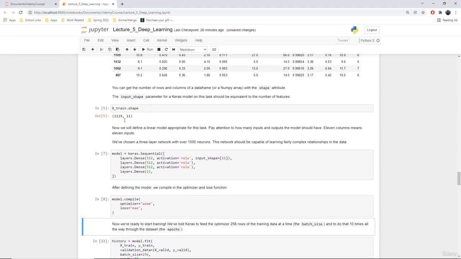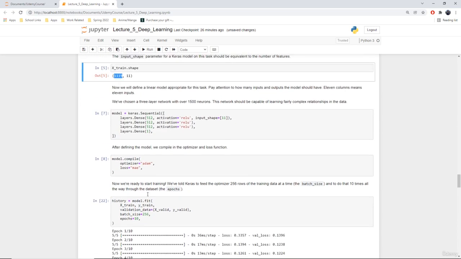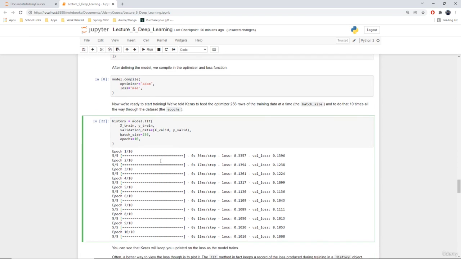So how many rows of the training data are there? There are a lot, and we're going to be feeding about a fifth of this. We're going to do that 10 times because there are 10 epochs. So let's run this with 10 epochs for now and see how it does.